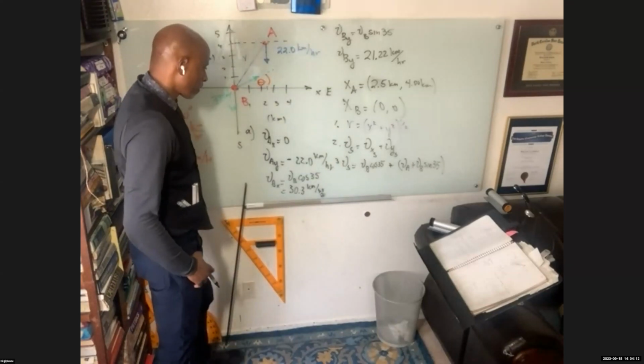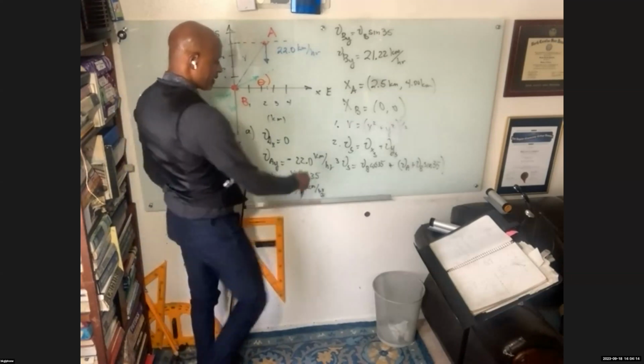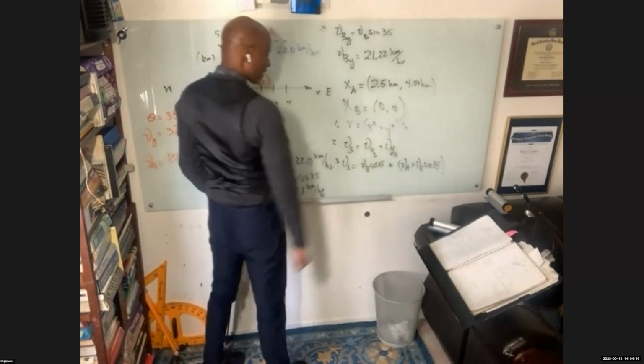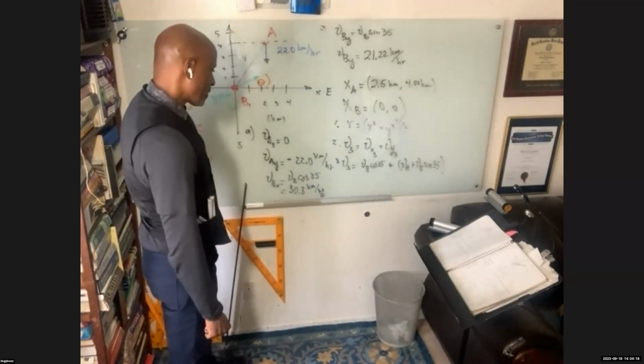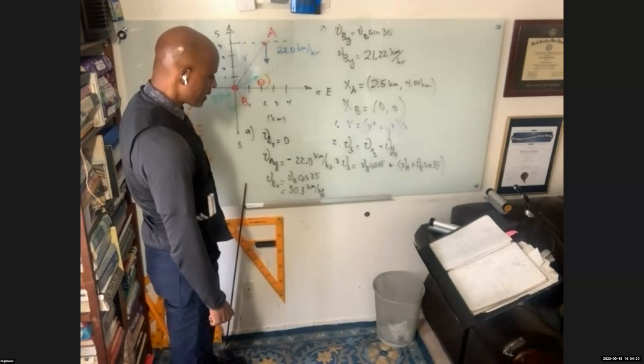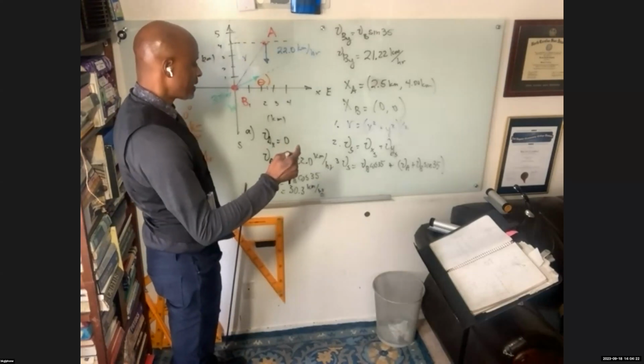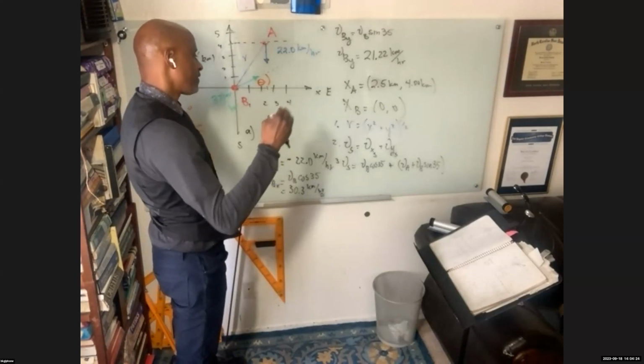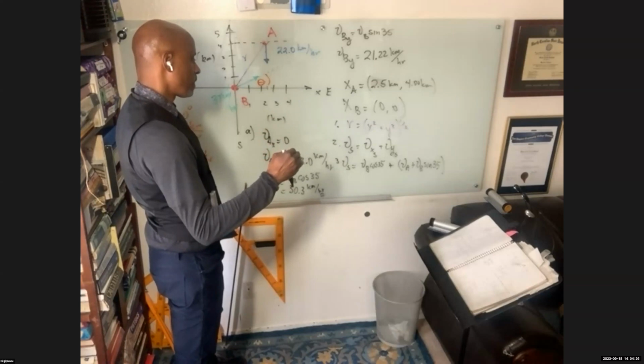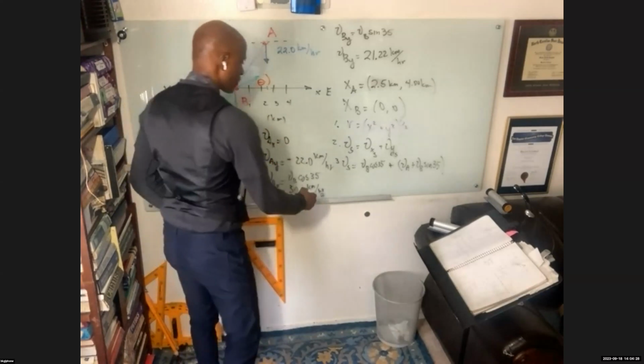Now, I've got to relate that to this equation 1. I'm going to go with component first. I'm going to say that velocity is distance divided by time. Yeah, so I'll do it separately.